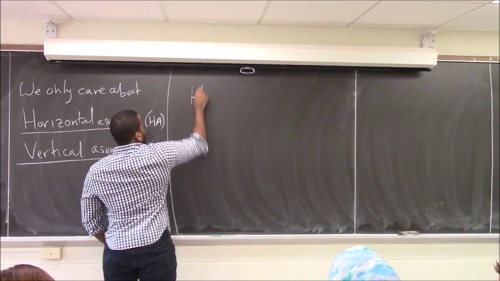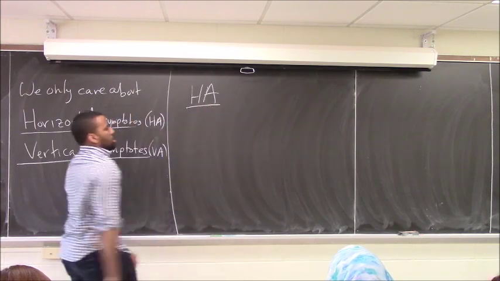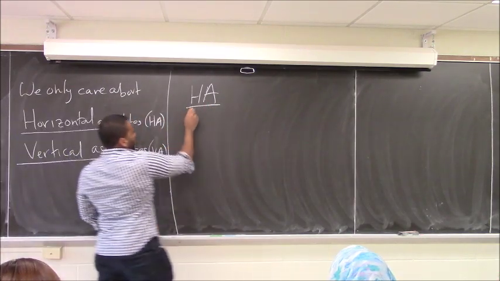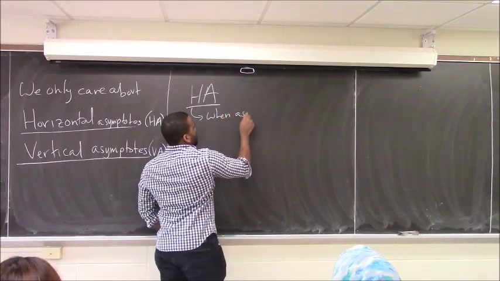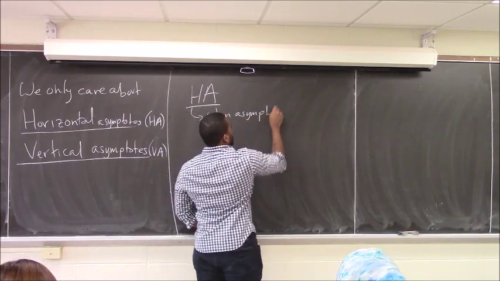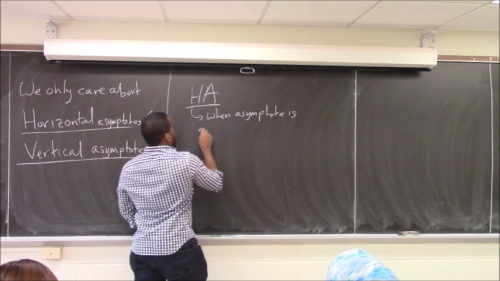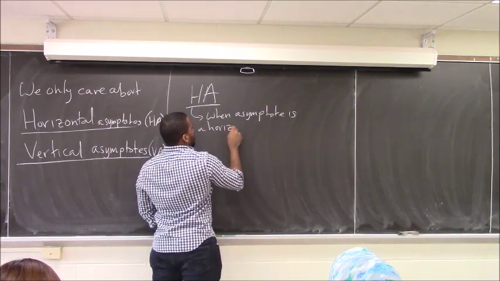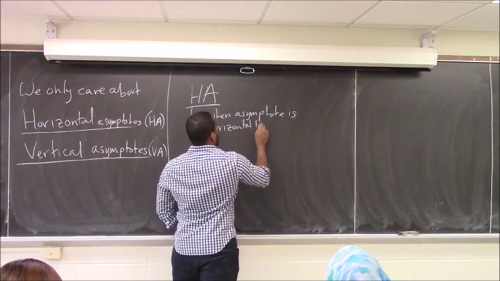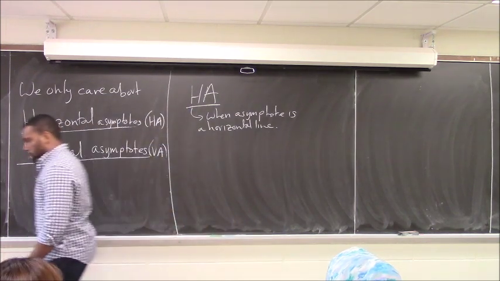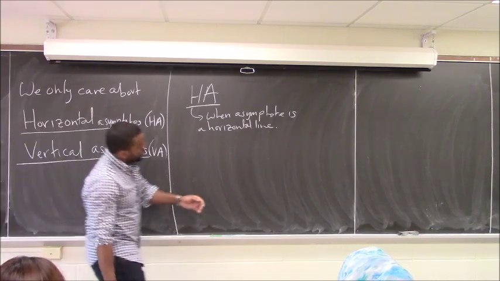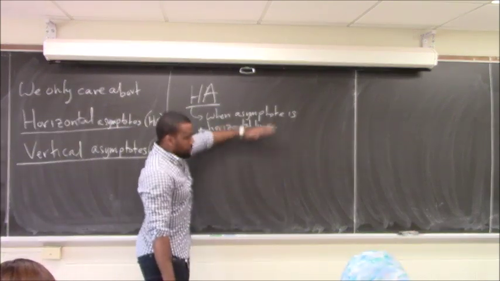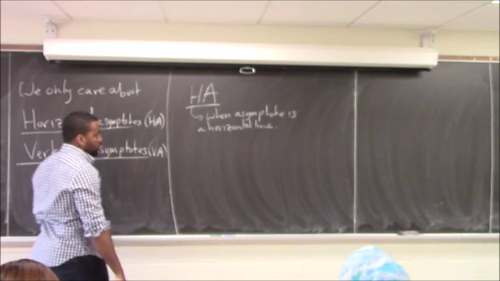Whenever you're focusing on an HA, this is just when the asymptote is a horizontal line. Whenever your curve is approaching a horizontal straight line, we say you have a horizontal asymptote. For example, the arctan function had two horizontal asymptotes.